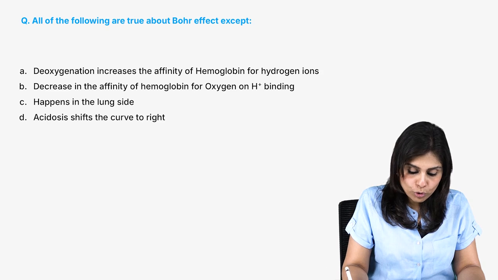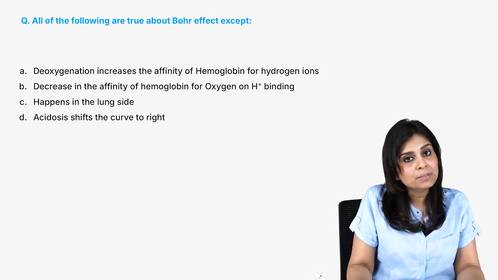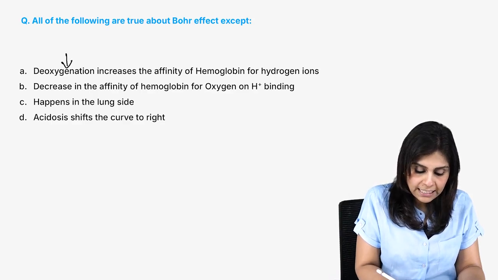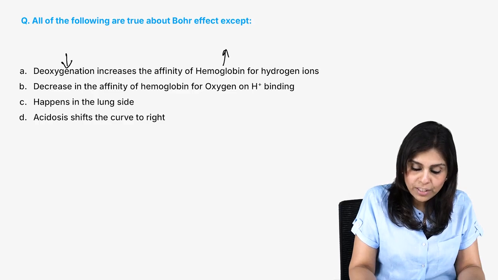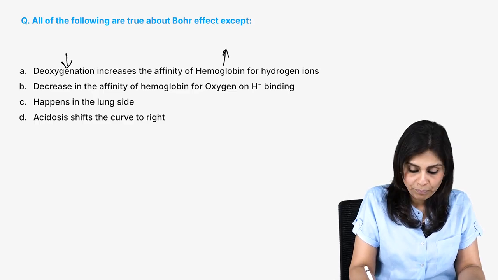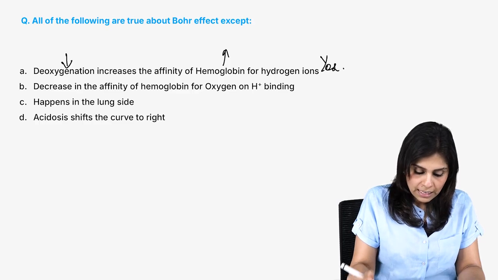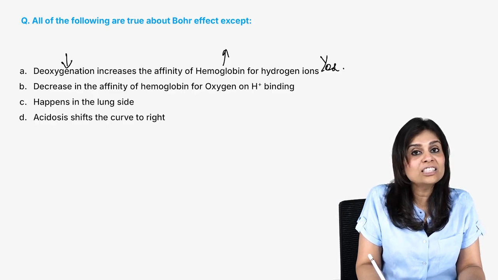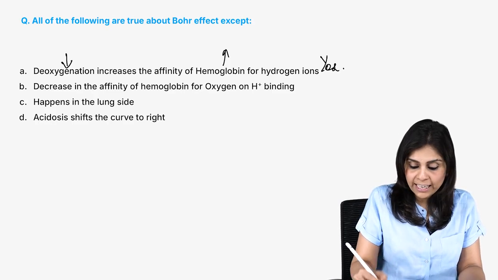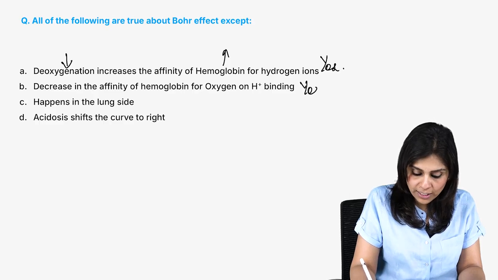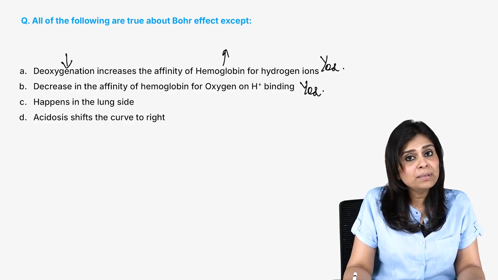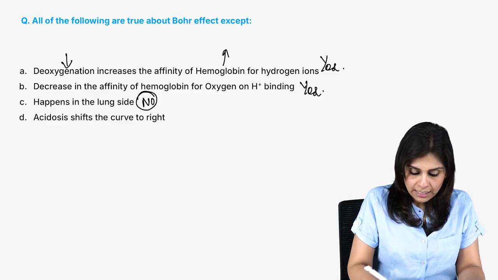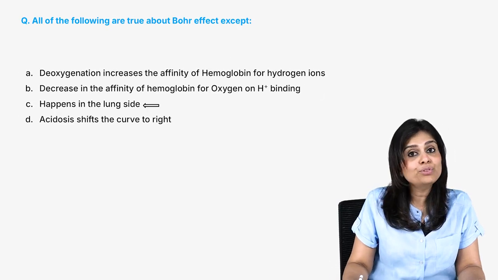All of the following are true about the Bohr effect except. What is the Bohr effect? Deoxygenation, yes, it increases the affinity for hydrogen ions. This is true. Decrease in the affinity of hemoglobin for oxygen on H+ binding. Yes, when H+ binds, oxygen has to leave. Does it happen in the lung side? No, it happens at the tissue side. Does acidosis shift the curve to the right?